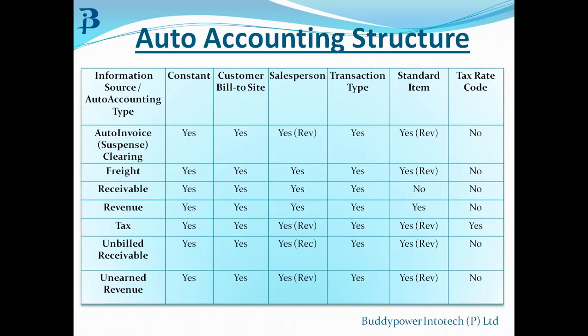Oracle Receivables uses the unbilled receivable account for transactions that have invoicing and accounting rules. It's only for these two, unbilled receivable and unearned revenue, that you'll be giving invoicing and accounting rules, which I'll explain with an example in the coming slides.